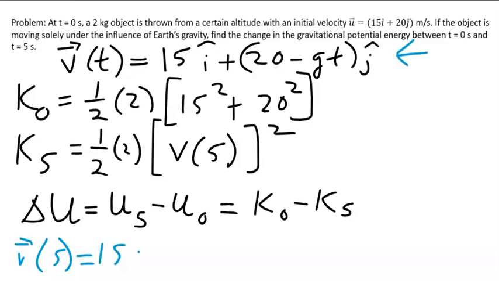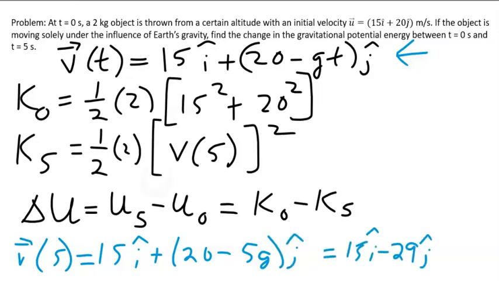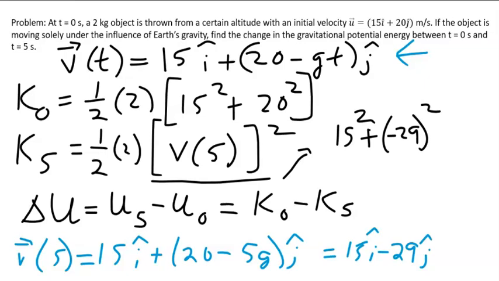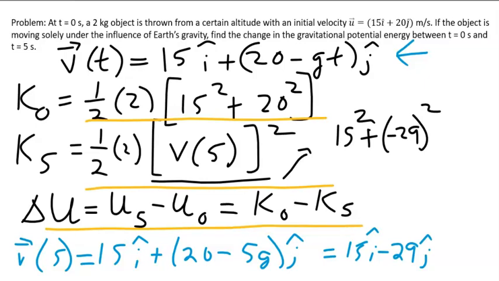It's 15 i hat plus (20 minus 5g) j hat. So that means this term right there is 15 squared plus minus 29 squared. So we have a numerical value for K0 and a numerical value for K5. And according to this equation, by subtracting K5 from K0, we get minus 441 joules. And that is the answer.